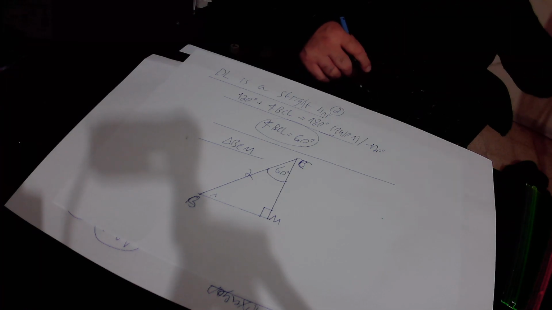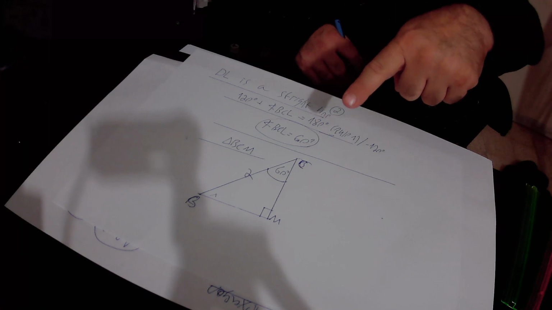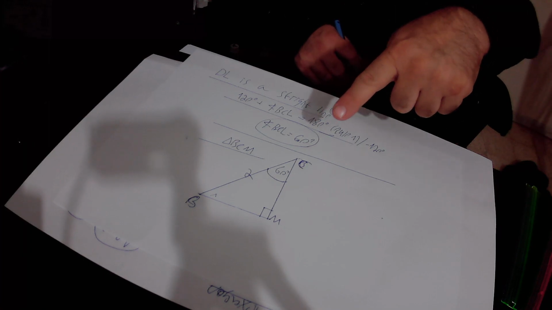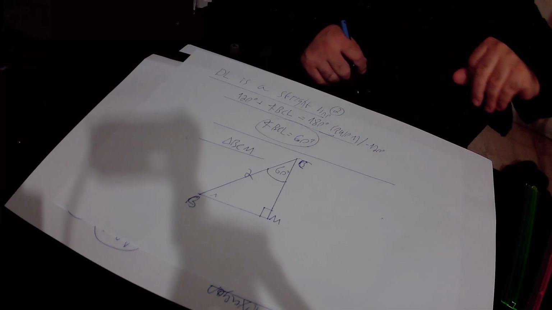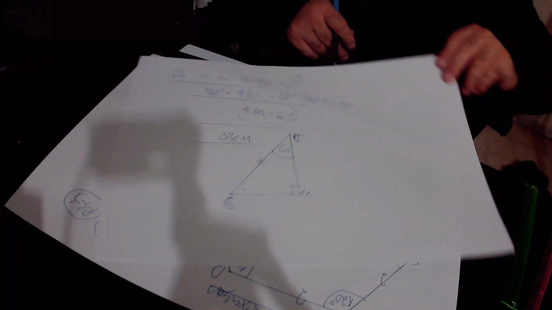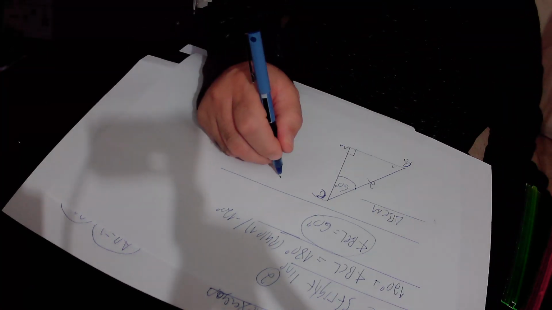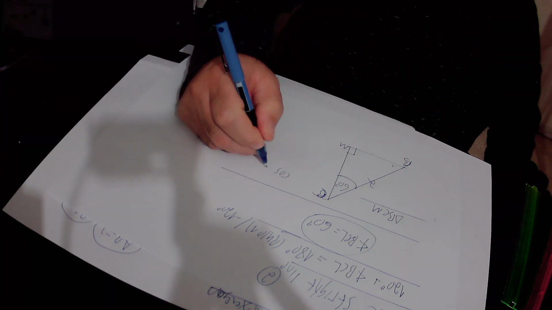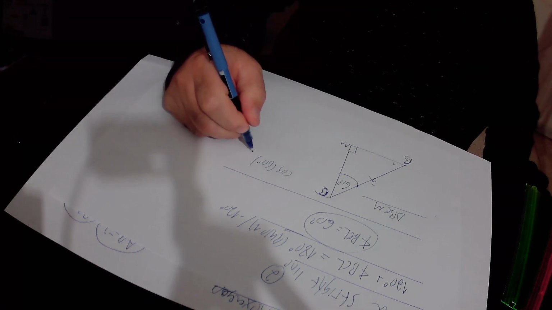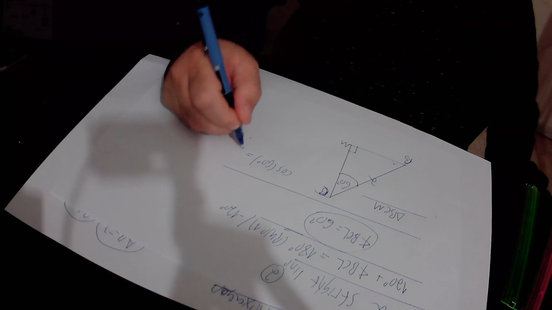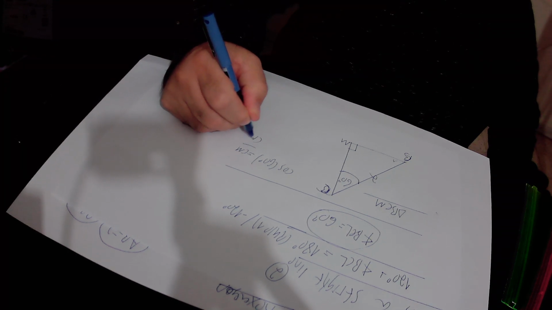In this drawing, it is very easy to see that cosine 60 degrees equals CM over CB.